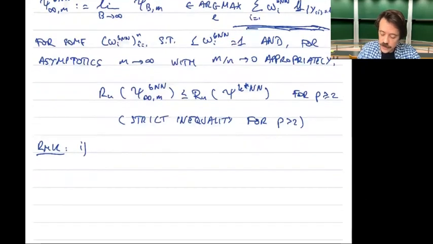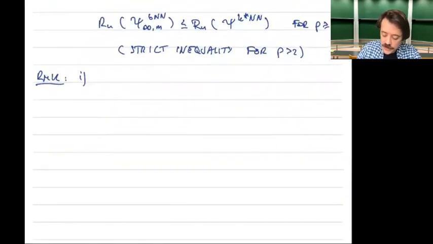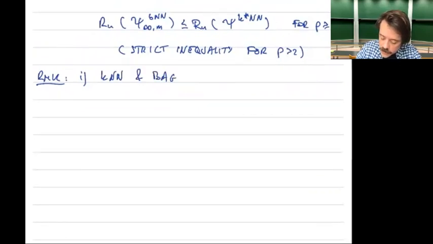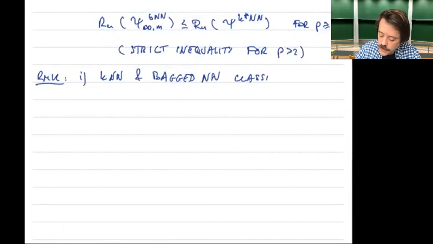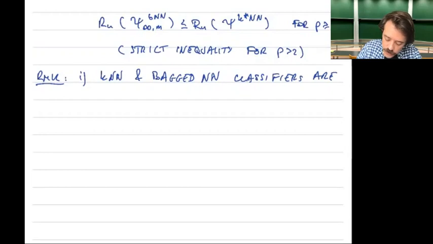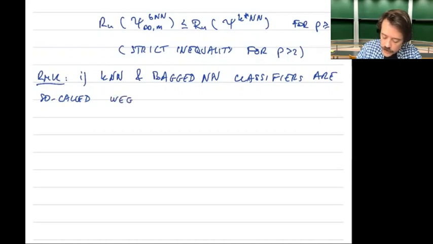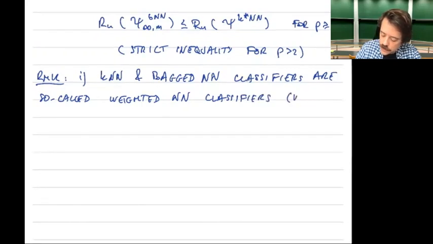So then what we can say here is that k nearest neighbors and bagged nearest neighbor classifiers are what are called weighted nearest neighbor classifiers, which I can shorten by WNN.